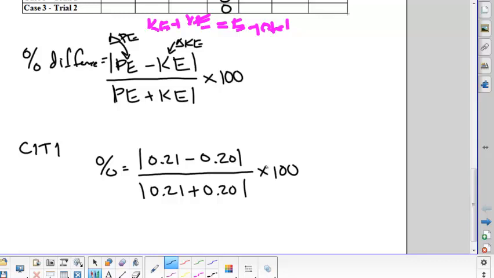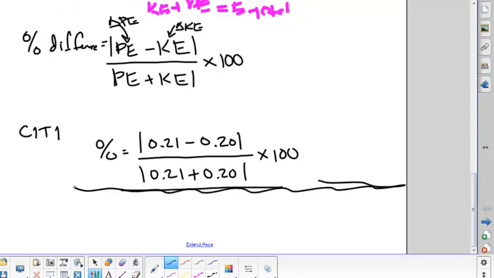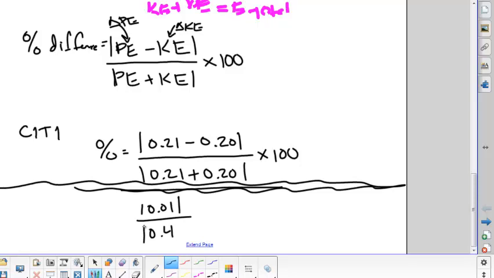A little complicated, so we're going to do this in steps when we solve it on our calculator. Let me draw a line just so you see. That's not a divided by sign, I'm just moving on. The numerator is going to be 0.01, right? The denominator is 0.21 plus 0.20, 0.41, absolute value, these are ones. Okay, times 100.